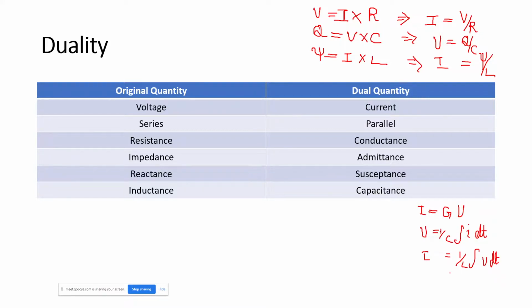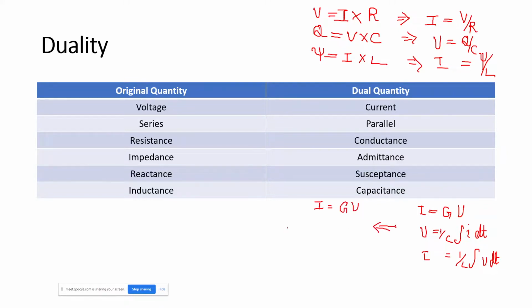Okay. So if we consider these currents and voltages to be sinusoidal quantities, this relation remains the same, because Ohm's law will be the same. So I equals GV.